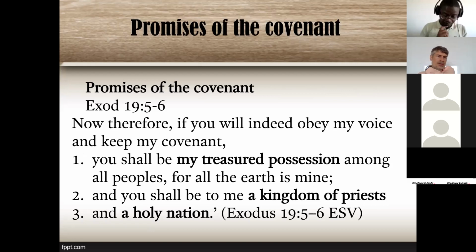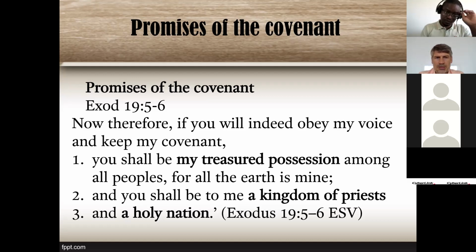And when people came to this mountain, when all people were gathered together at the foot of the mountain, we can see that God announced the promises of the covenant. And those promises are very important because here three specific expressions are used in order to describe what God wanted Israelites to be.